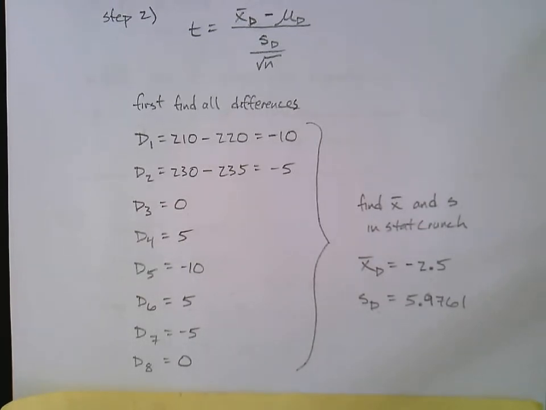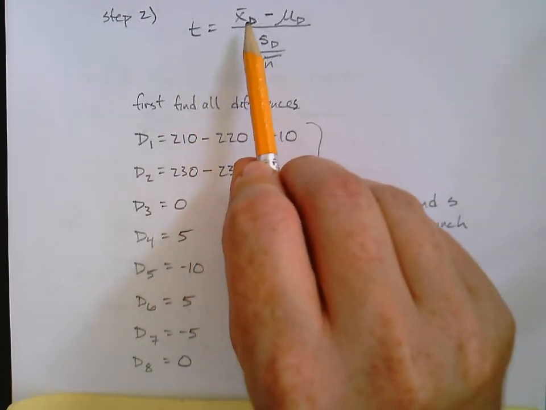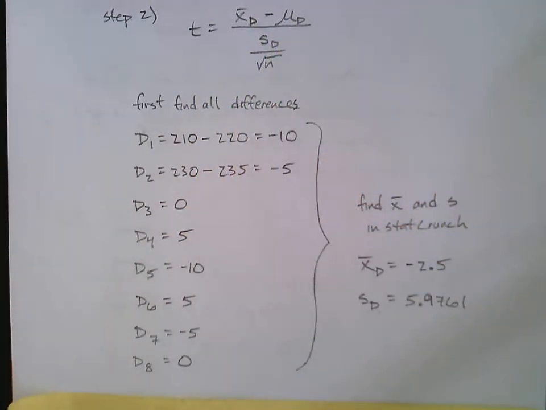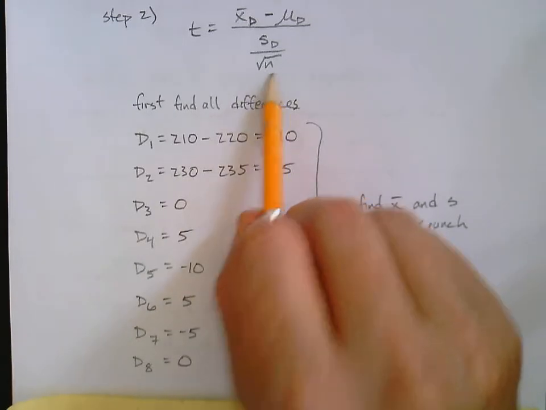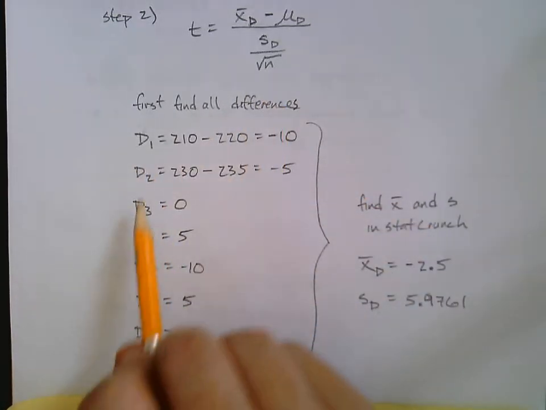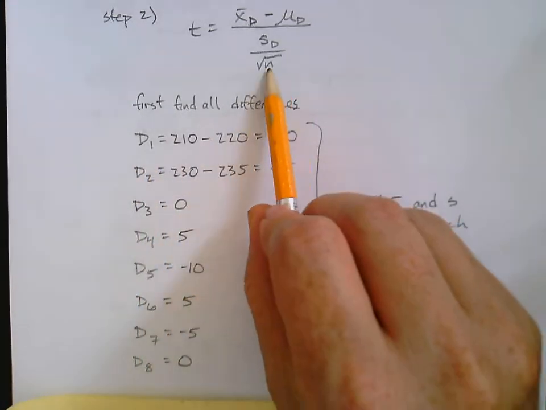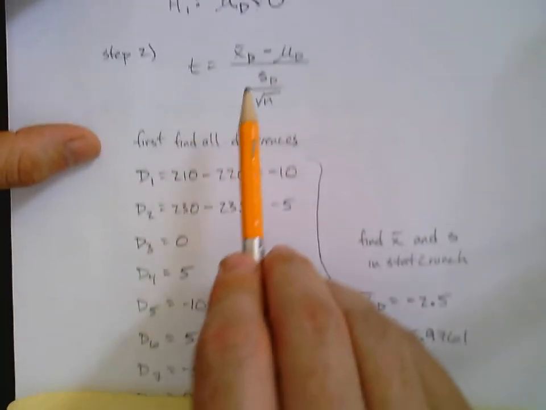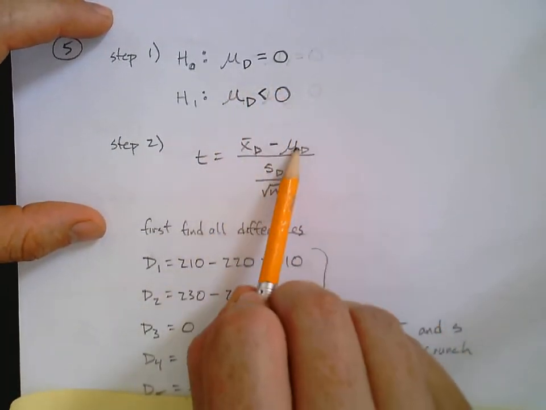Make sure you can recreate these same numbers yourself. Okay, so we're going to take these, and that's what we're going to plug into our formula. Then we'll know what n is already, right? n is 8 because there are 8 athletes. And what do we do for mu sub d? Well, of course, we assumed that to be 0.